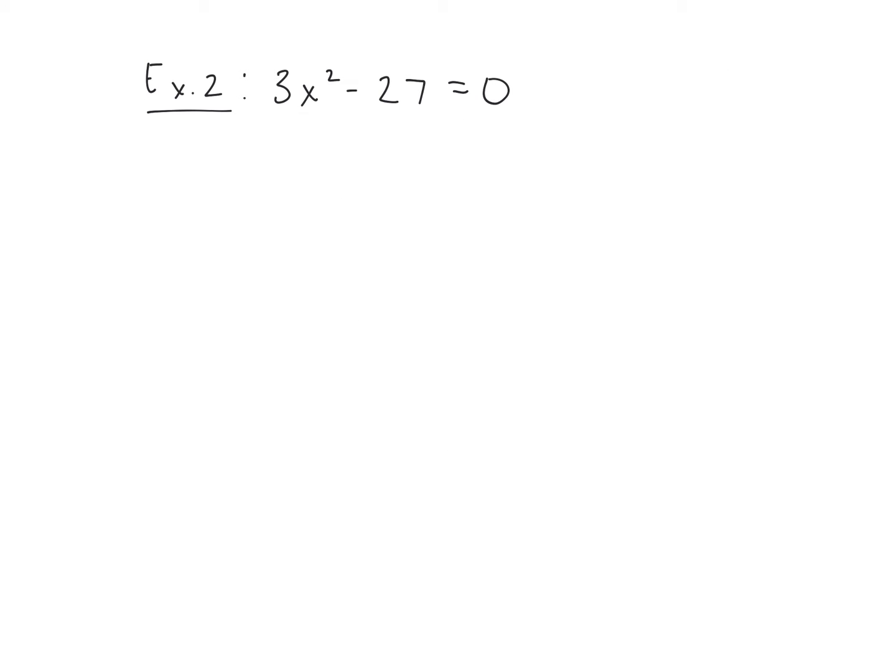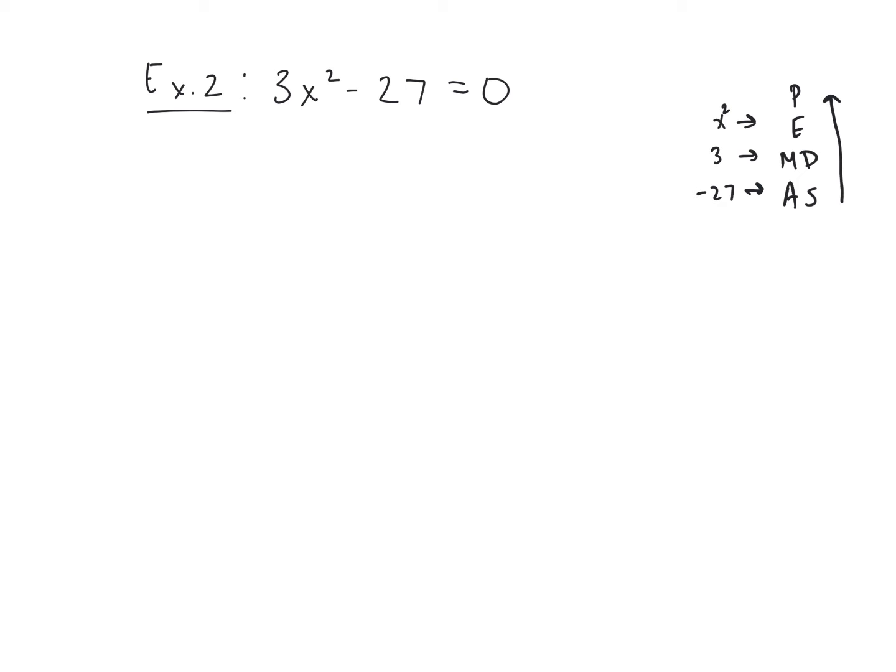All right, we're looking at example 2 now: 3x squared minus 27 equals 0. Now, when we're solving equations with a couple different steps, we've always had the same procedure throughout the year in this class. We're always going to undo PEMDAS in reverse, right? So I have my minus 27, which is stuck by subtraction. I have my multiply by 3, which is stuck by multiplying, and I have my x squared, which is the exponent, right?